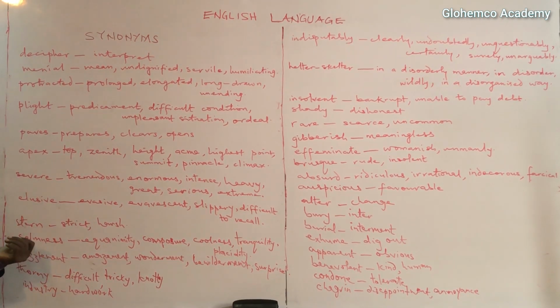Then we have calmness. Of course, you know what that means when the situation is said to be calm. Now, equanimity, composure, coolness, tranquility, and placidity. You know, when you say maybe the sea is placid, very placid, very cool, very calm.